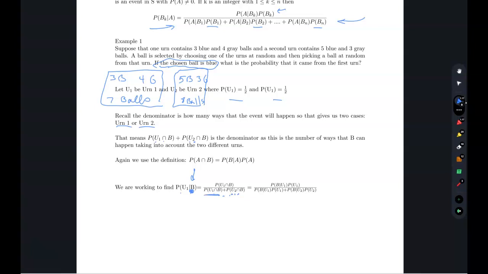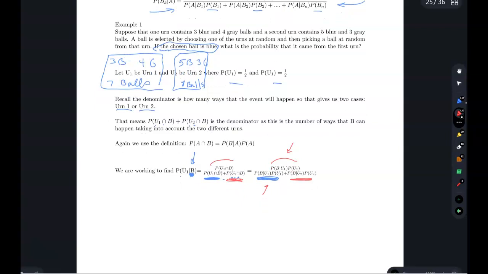You recognize that the denominator will have one of the terms that's in the numerator. Okay, so let's do this.